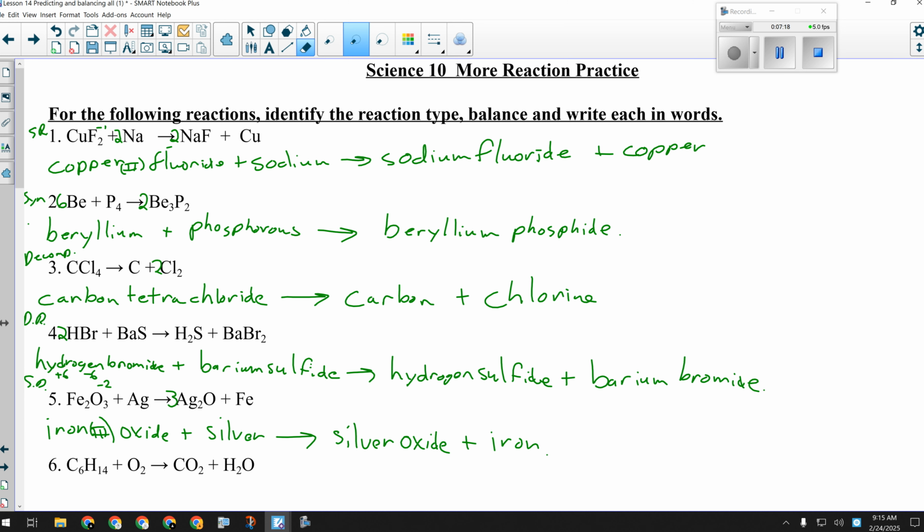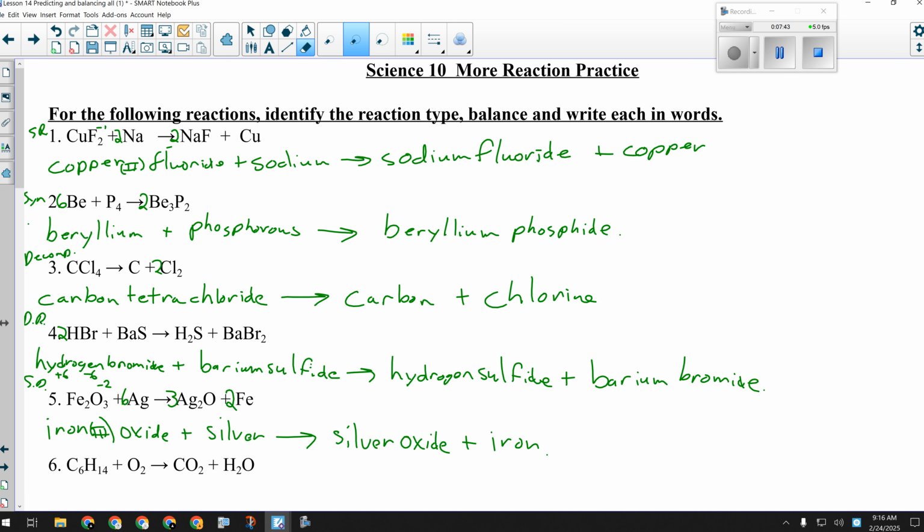That balances my oxygens, but gives me how many silver? 6, yeah, 3 times 2 is 6, so I'm going to put a 6 here. Now my silver and my oxygen are balanced. I've got 2 iron here, but only 1 here, so what needs to go right here? Right. Now it's balanced.